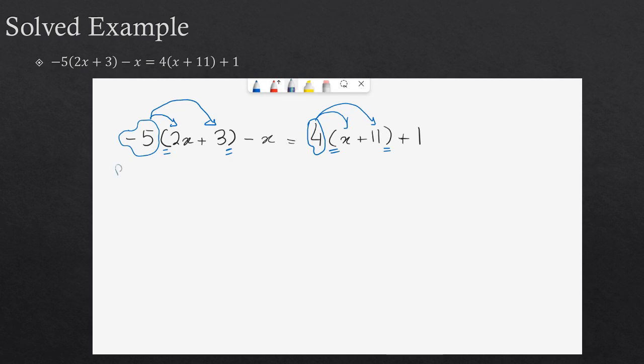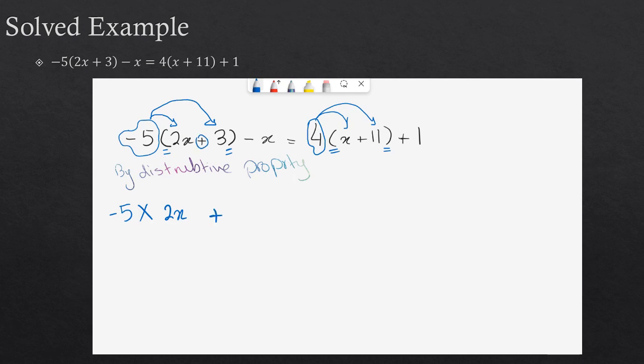So we can write, by distributive property, minus 5 multiplied by the first member in the bracket, which is 2x, and then there is plus here, we write it down.